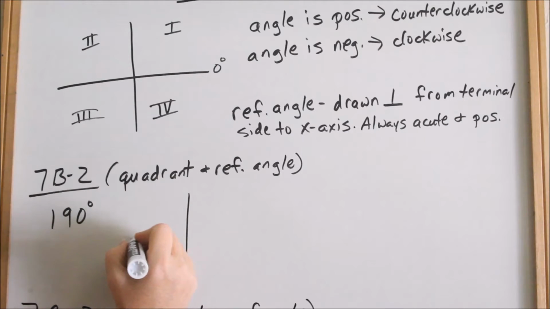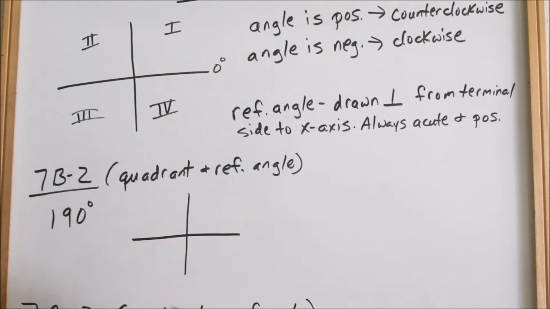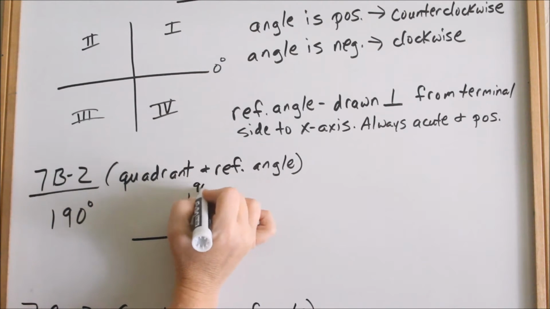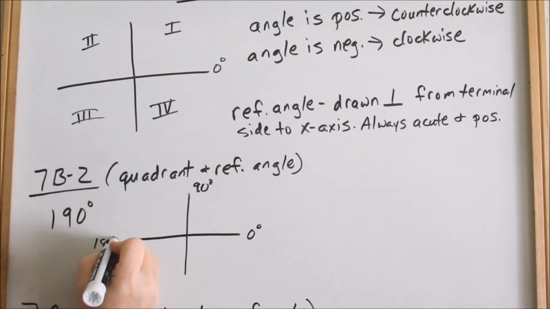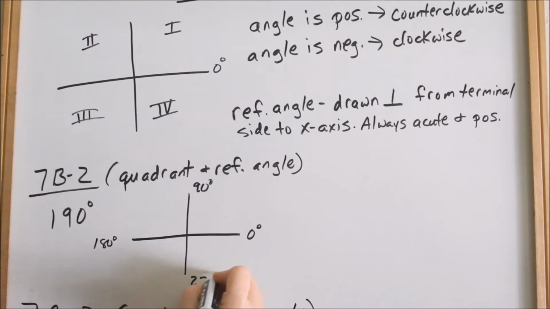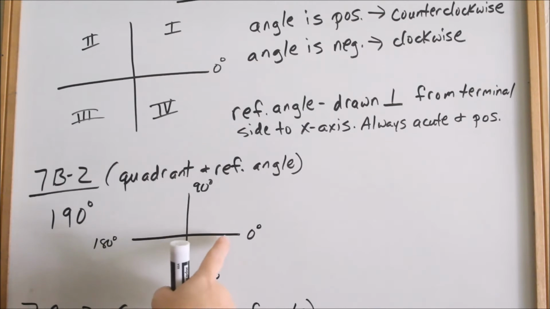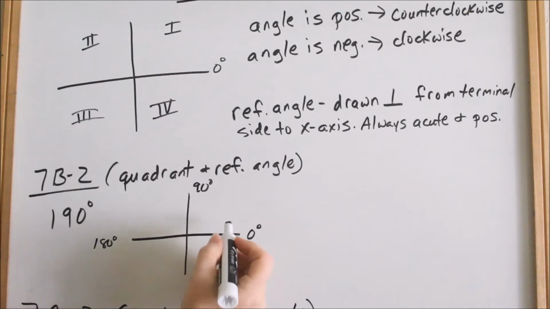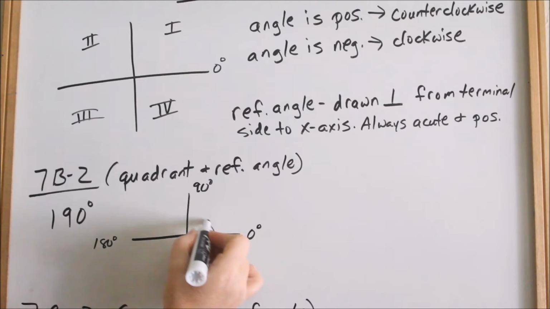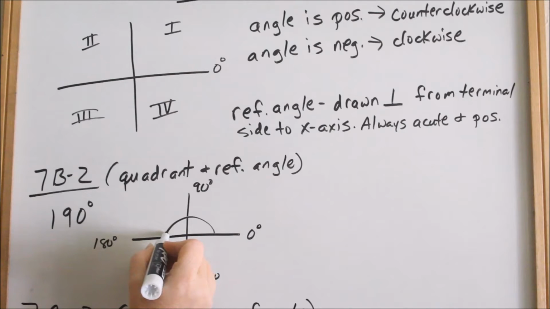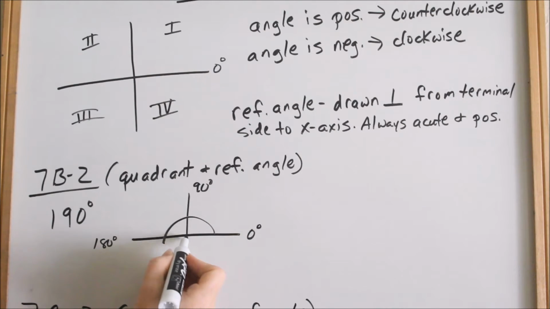So if you're going to draw this on a graph, here's your quadrant. 0 degrees starts there, 90, 180, 270. So starting at 0 degrees, rotating in a counterclockwise direction to 190. Starting here, that's 180. Now we need to go 10 more degrees for 190.